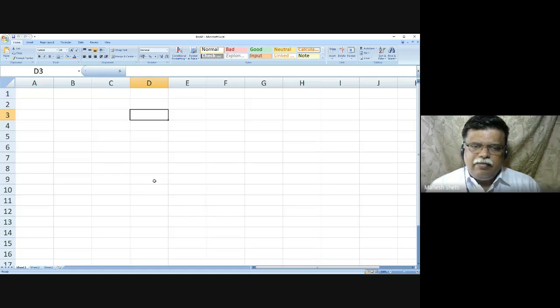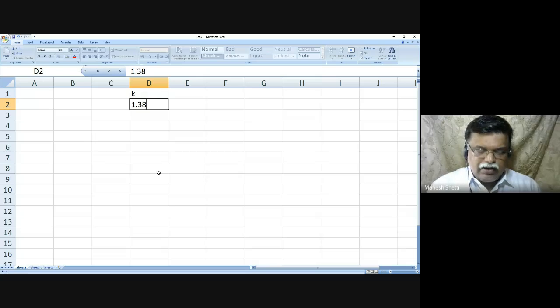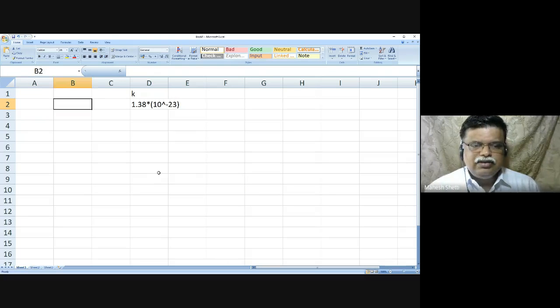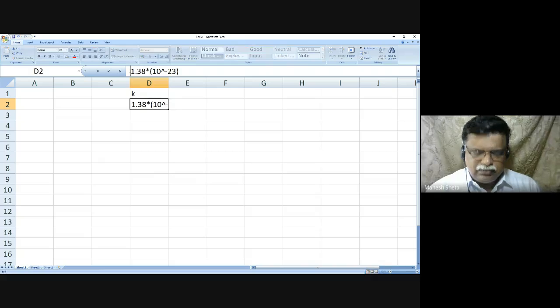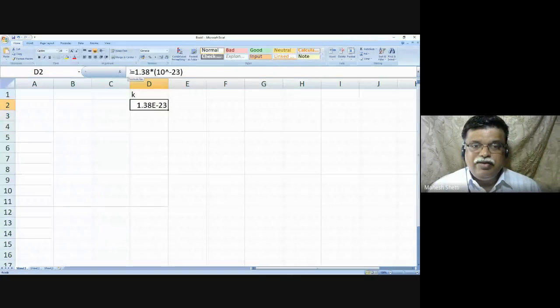Now, if I'm writing a number, say the Boltzmann constant k, suppose I write k over here and I write the number 1.38 times 10 raised to minus 23 in SI unit. One way of course is writing 1.38, then you multiply that with 10 raised to minus 23, and you can write this equal to this, so that particular cell will be assigned that value.